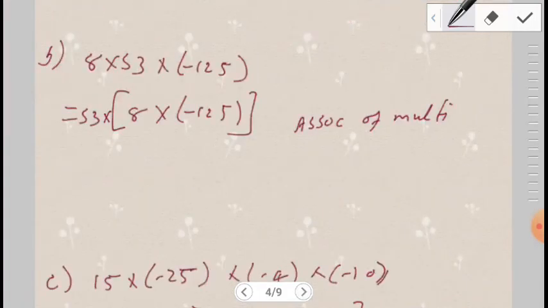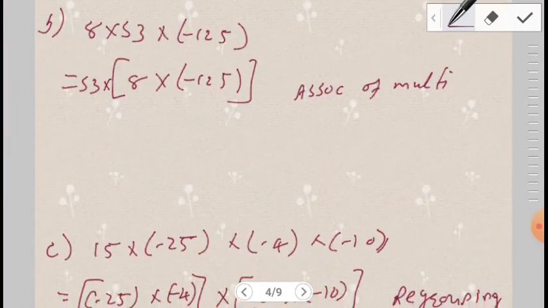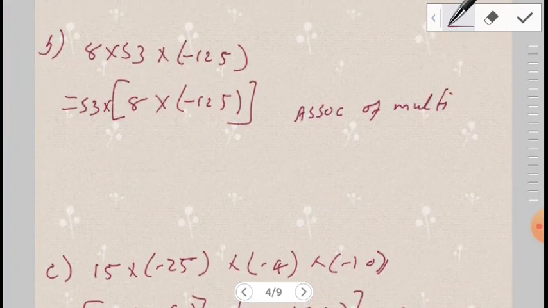In the second one, here we have 8 multiplied by 53 into 125 in the minus. So what property will we use? We will use here the associative property of multiplication. All numbers are in multiplication form, so we'll make the association of those numbers.